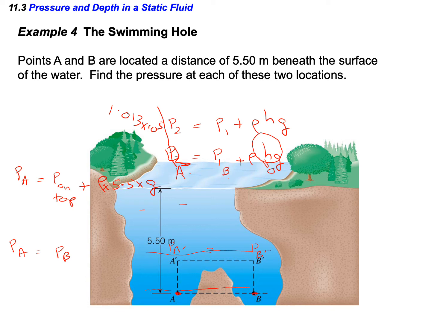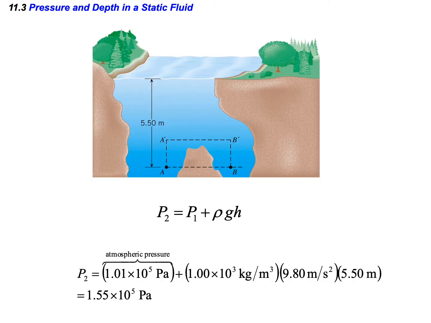So atmospheric pressure plus the pressure from the fluid, which is density of the fluid, height, and gravity, at point A, which is exactly the same as point B. So here's your pressure 2, here's your pressure 1.